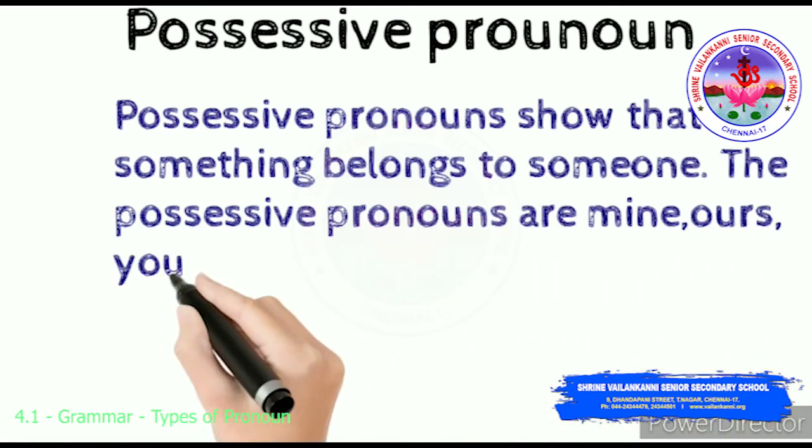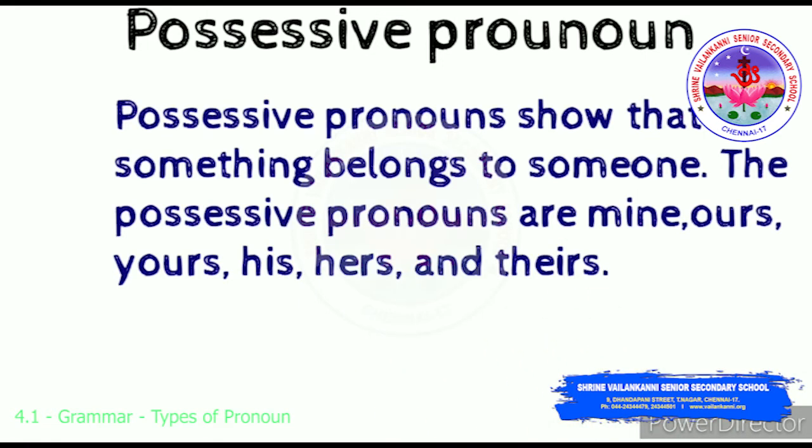Possessive pronouns show that something belongs to someone, which shows the ownership of the noun. The possessive pronoun words are mine, ours, yours, his, hers, and theirs. Okay, they always end with s.